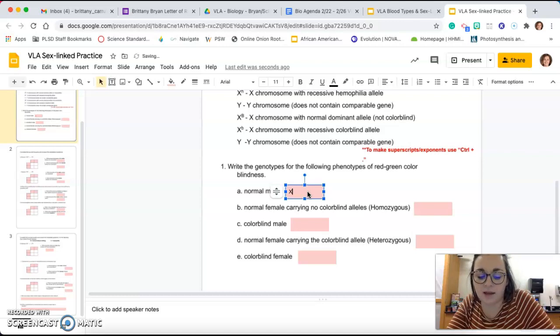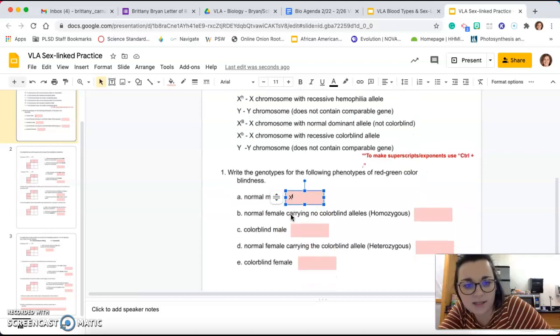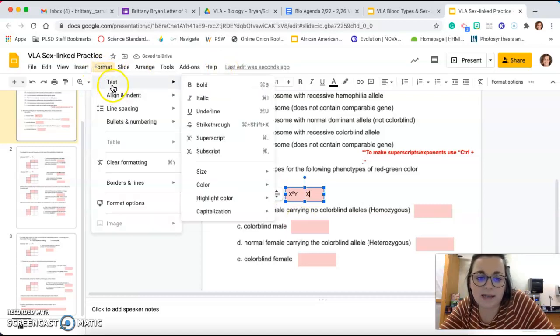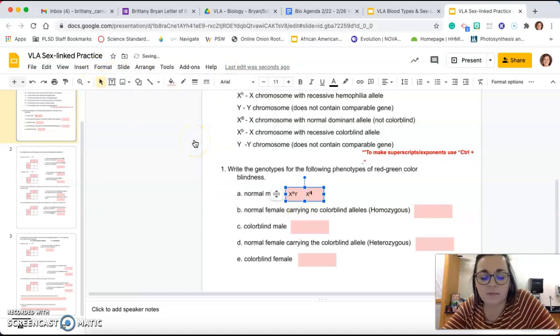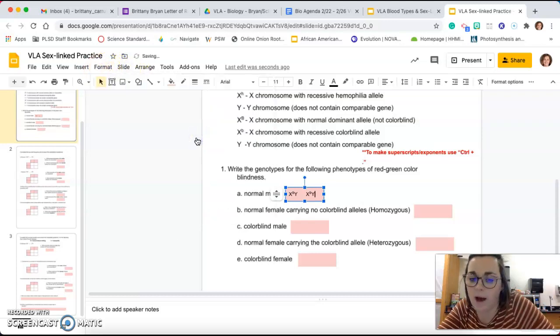Normal male for color blindness is going to be big B. We could do X, then Format, Text, Superscript, capital B, then again Format, Text, Superscript, Y. And I would just like to leave my caps lock on because we write more capital letters than lowercase letters.